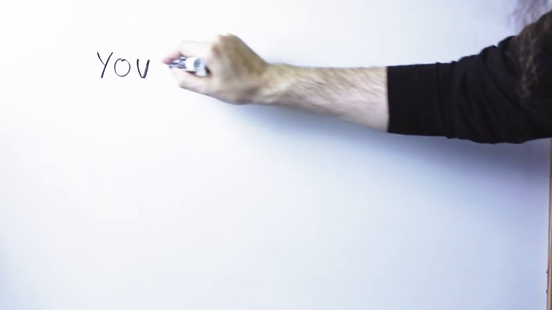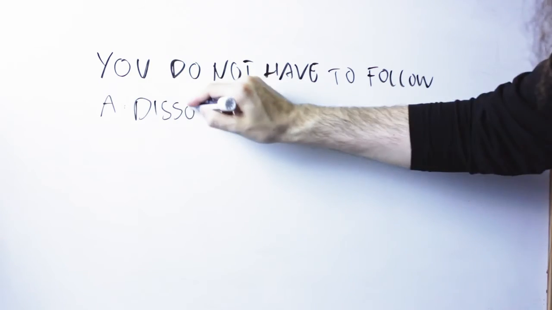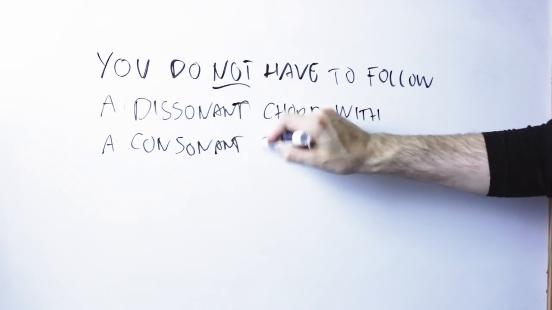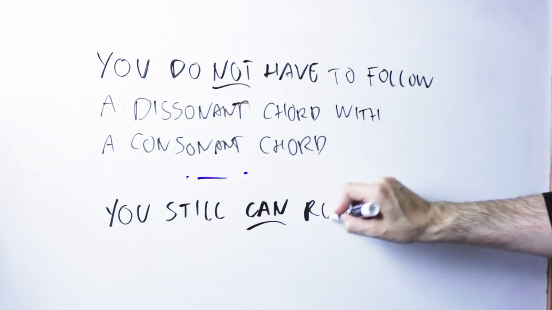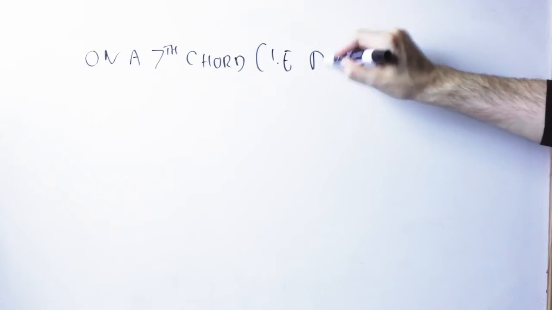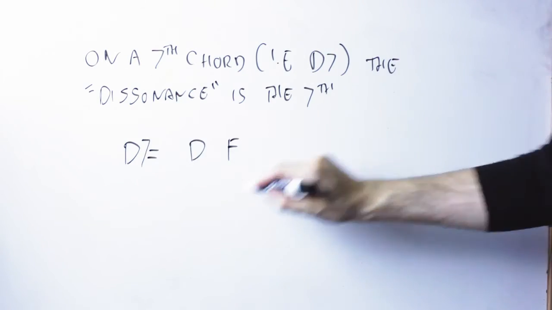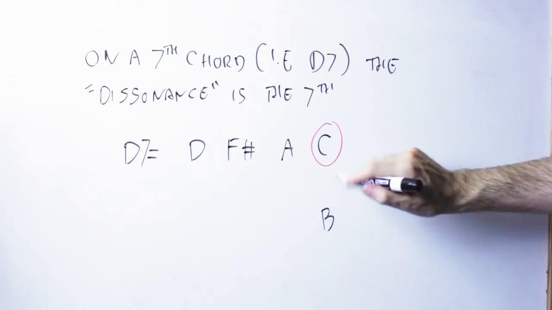So, yeah, it's not true that in classical music a dissonant chord must be followed by a consonant chord. What the famous YouTuber probably meant is that you have to resolve your dissonances, which, yes, is exactly what's happening here. The dissonance in every single chord will be the seventh in the chord. And if you notice, every time we move along this chord progression, the seventh in the chord moves down a step in the scale.